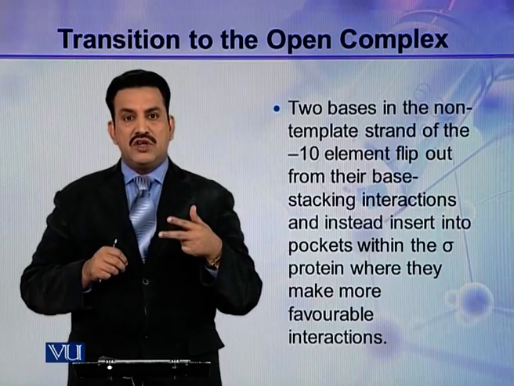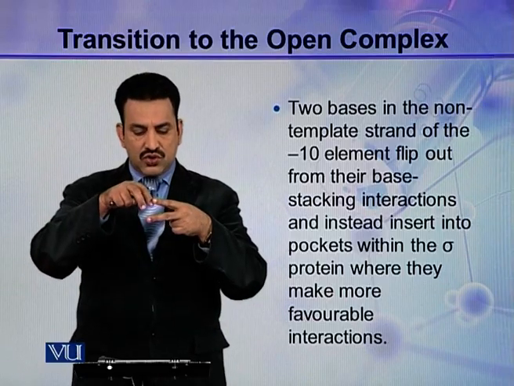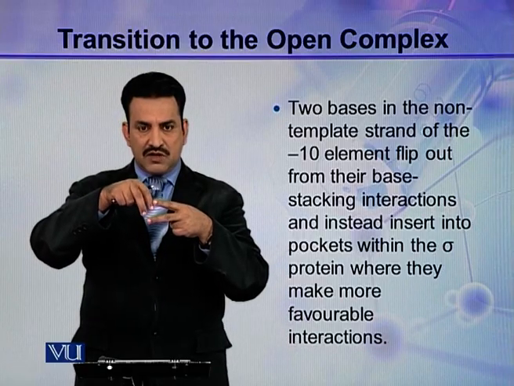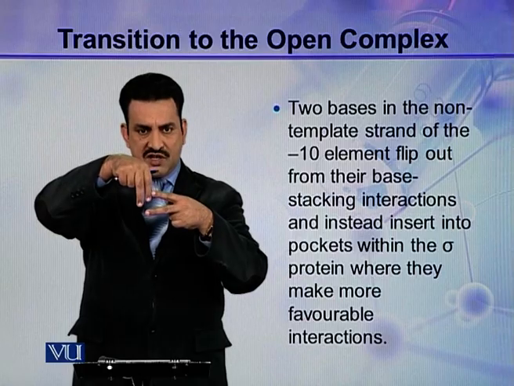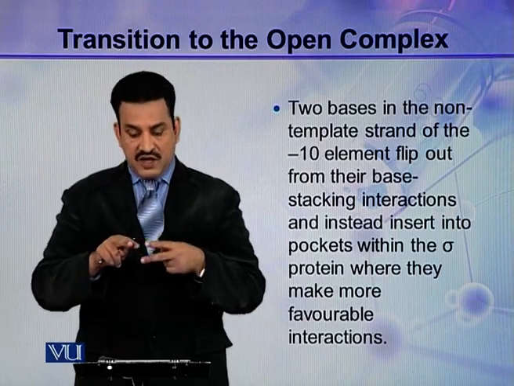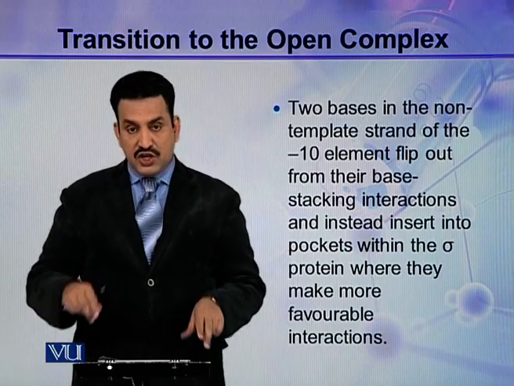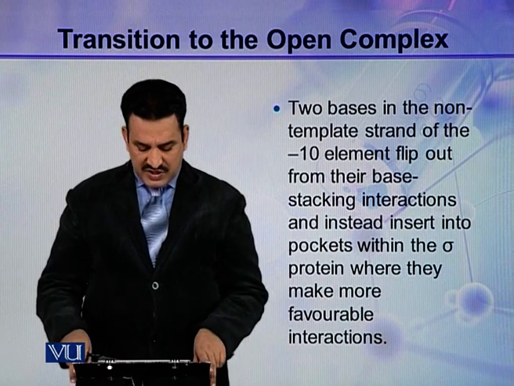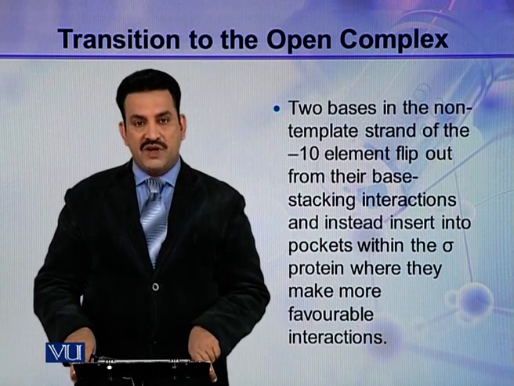So in the non-template DNA strand, these two bases flip out from the strand. They are inside the strand and they flip out from the strand, and after flipping out, they insert into the pockets within the sigma protein, where they make more favorable interactions.